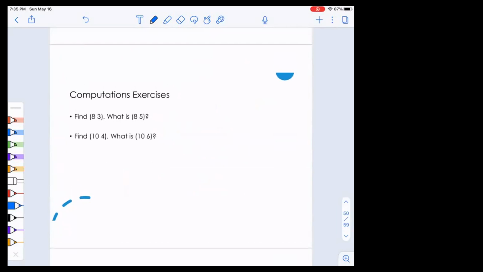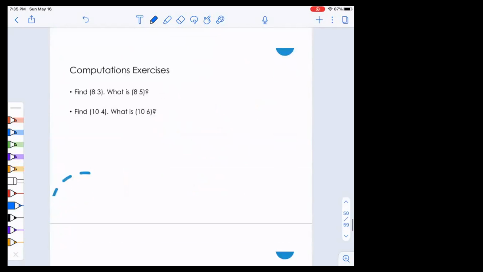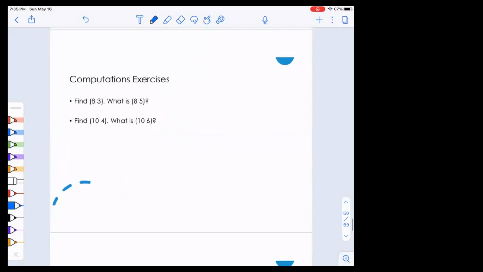So I have 2 more exercises that I want you guys to do. So I'll just give you a few minutes because you're basically really good at this already. So I'll just give you a bit of time to do this.